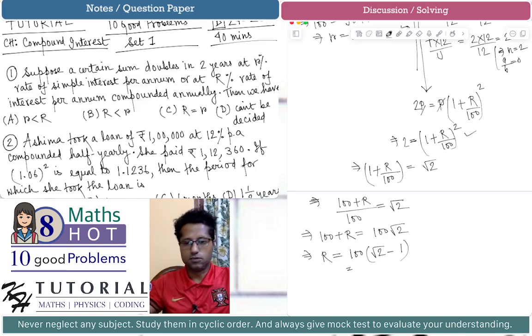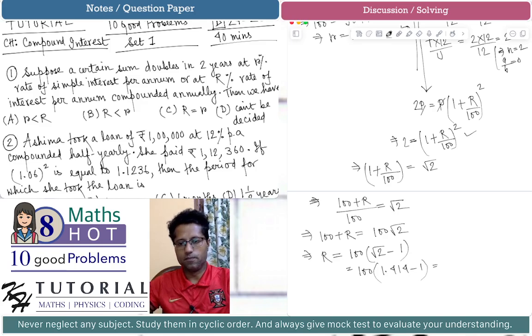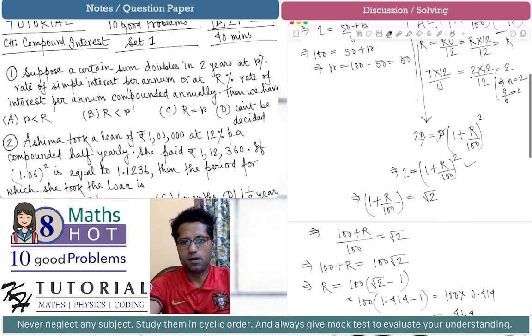So this is 100 times (1.414 minus 1). This is equal to 100 multiplied by 0.414, and this is equal to 41.4. So capital R is coming out to be 41.4, and small r is 50.